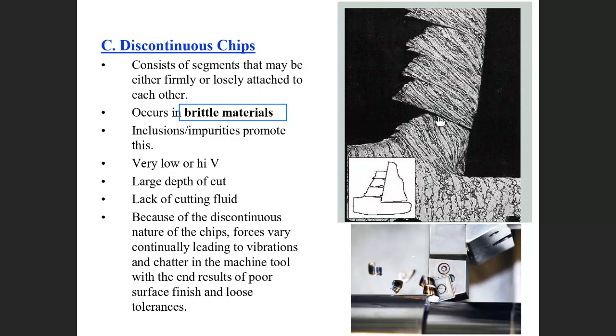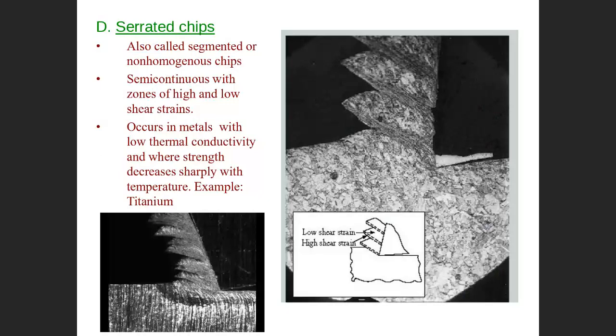So usually, in this kind of machining, cutting fluid should be provided to assist the machining. The next one is serrated chip. Serrated chip is very similar to discontinuous, but it is another story, because here it happens because of cutting material that has low thermal conductivity.